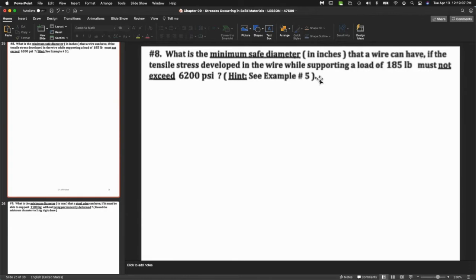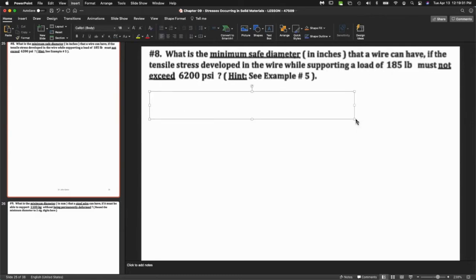They just require details. What is the minimum safe diameter that a wire can have if the tensile stress developed in the wire must not exceed 6,200 psi? There's a load here of a supported mass of 185 pounds. So let's put together the story here. Now it's talking about safe diameter.